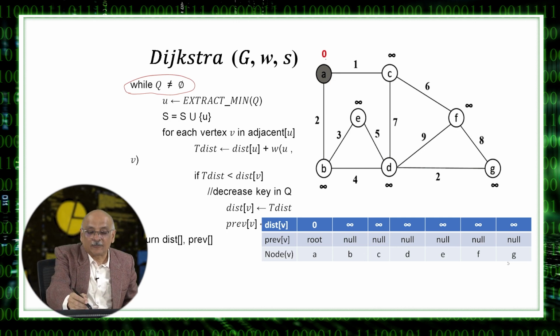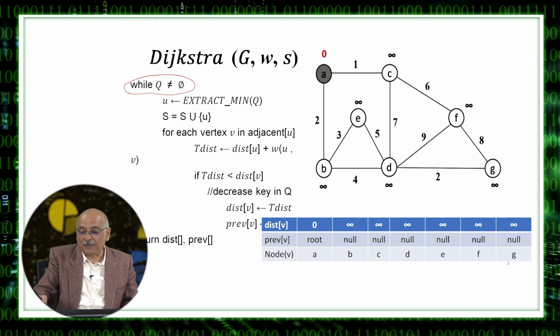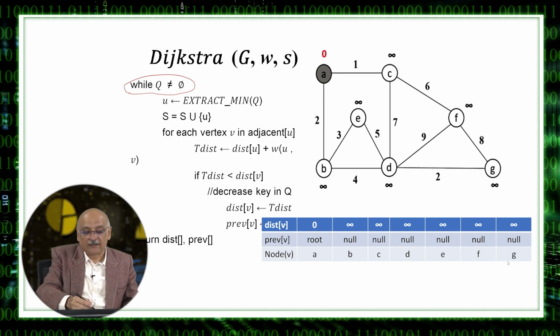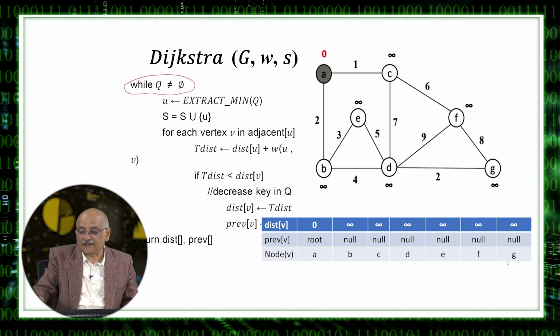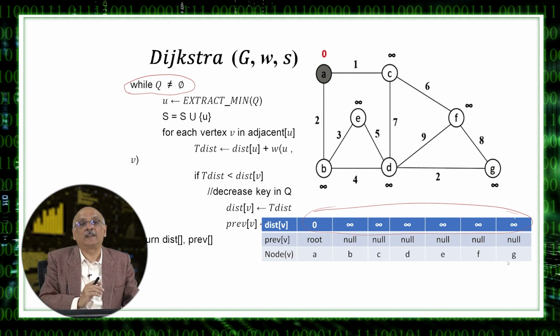We will start from 0, from the node itself. So this is my priority queue. Distance of V also contains this. The priority queue Q consists of 0 and all other values are infinite.